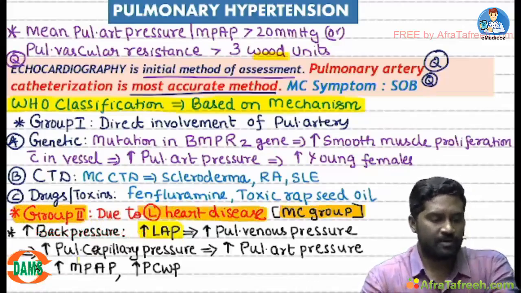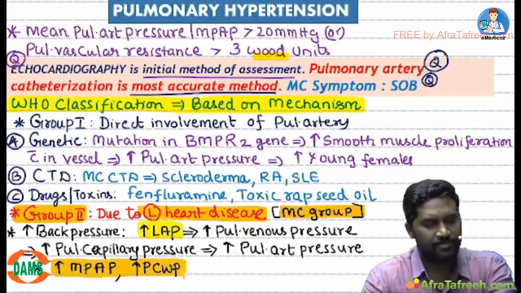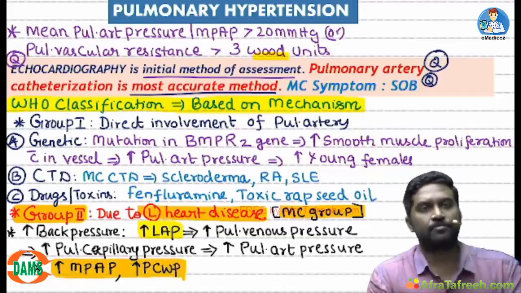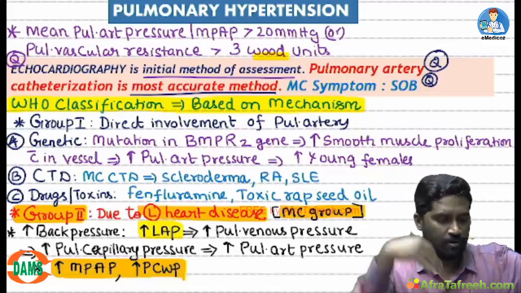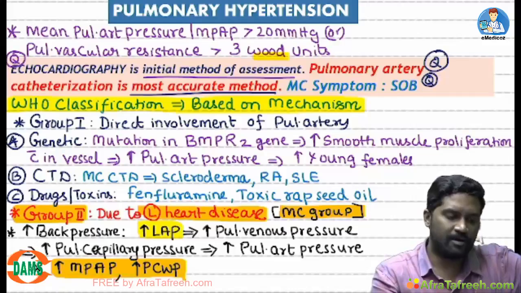The group in which both MPAP and PCWP are elevated, again your answer should be group 2. So many important points regarding group 2.